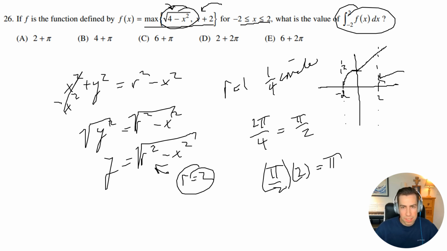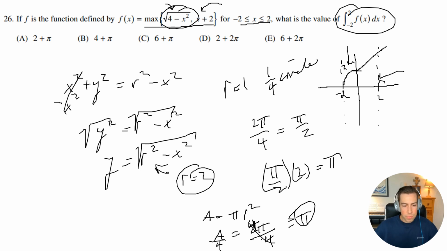An easier way to do that is to say area equals pi r squared. With a radius of 2, I'm going to get 4 pi. And if I want 1/4 of that, because it's just this little fourth of a circle, I divide that by 4. I'm sorry, 2 squared should be 4, so 4 pi divided by 4 gives me pi.